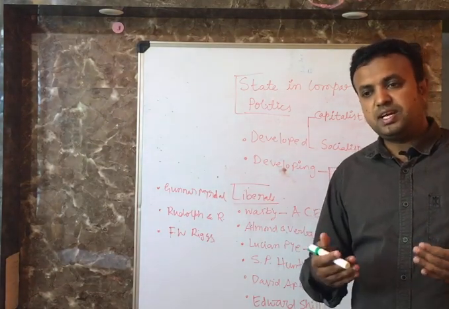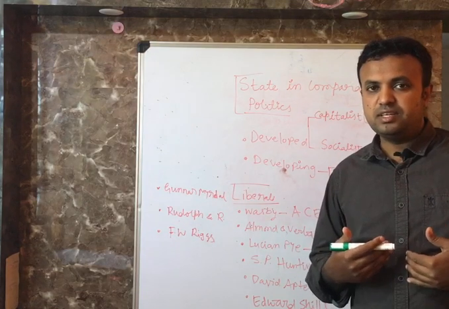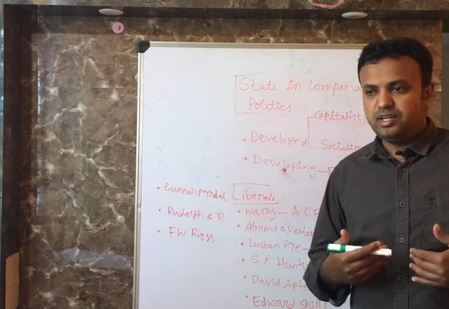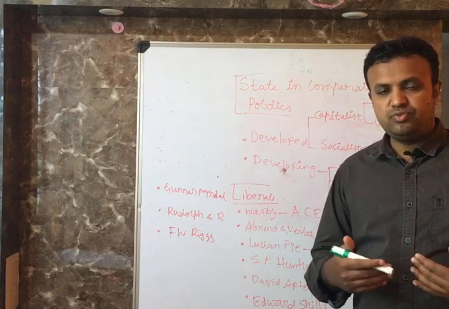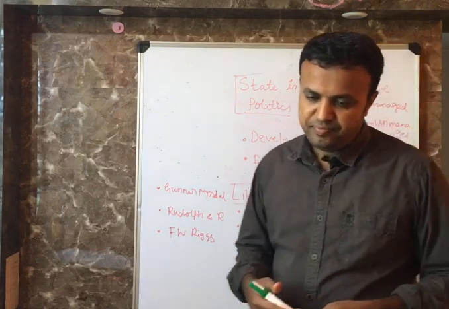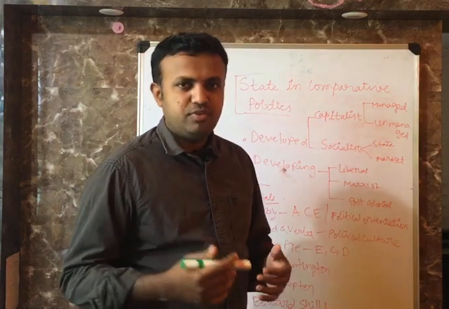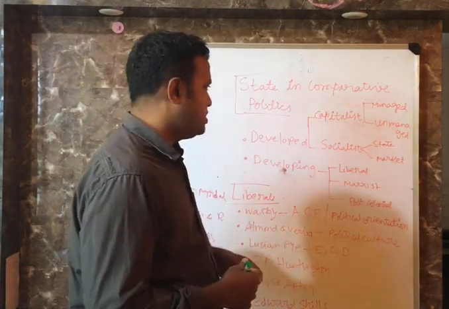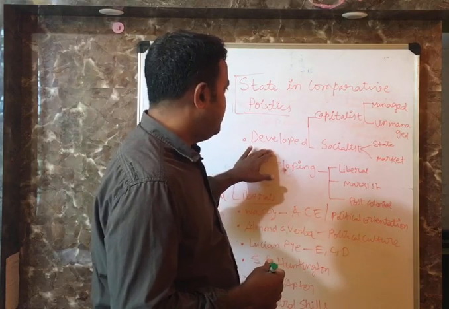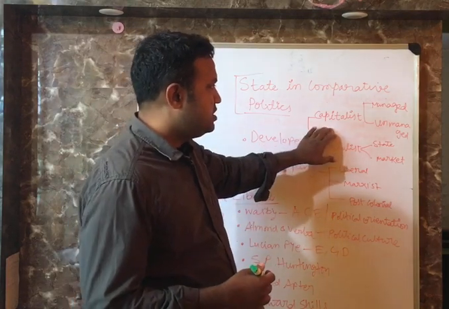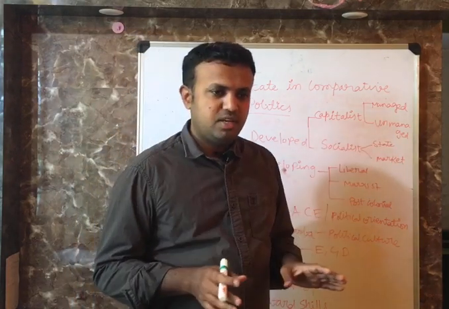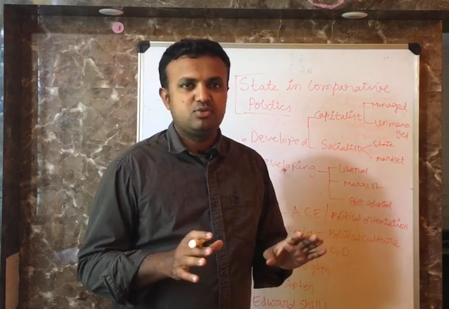So, this is something that happened a long time back in the United States, where the state grew from liberal to neoliberal. In between there was a welfare state. I will speak about the welfare state also, but when it comes to the capitalist states, when it is unmanaged, it means the state takes no role.